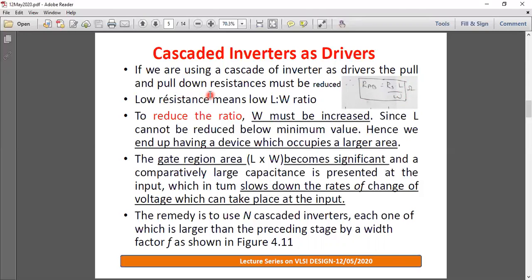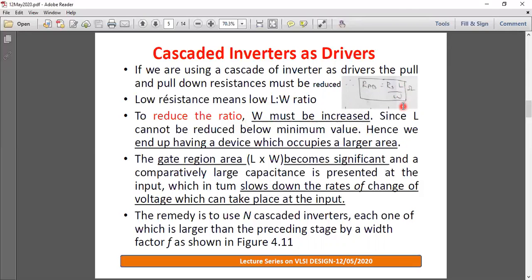In order to drive large capacitive load, we can use cascaded inverter drivers, but with low resistance. Low resistance means low L to W ratio.